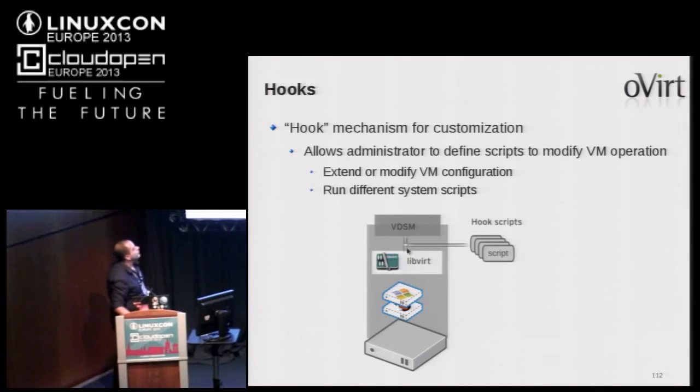But in between the call to libvirt, you can write a hook to modify the VM just before it gets to libvirt. And you can also do specific operations in the hook that don't change the VM. If you want to write something to a log, or if you would like to add some entry in the iptables for that specific VM, you can do that.